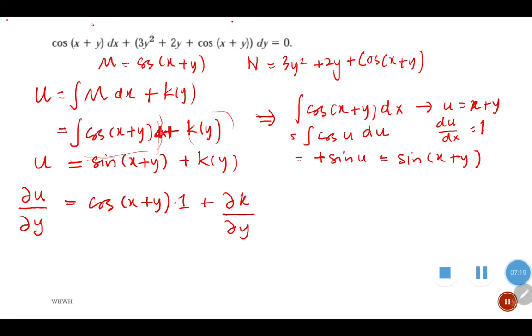We have here, so this is our m and this is our n dy, right? Prior to that, we had du equals, remember? We have del u over del x dx, sorry, del u over del x dx plus del u over del y dy.